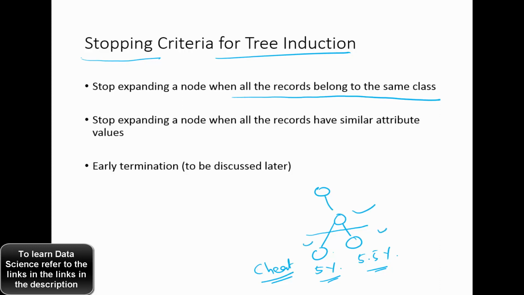We probably stop below there also. But yeah, if you're a bit more serious about it, you can stop here. So we'll just see when exactly the classes down below in the decision tree do not have a lot of difference in the distribution. Stop expanding a node when all records have similar attribute values. Okay. So if you have only cheat here and only cheat here as well, no point, right?